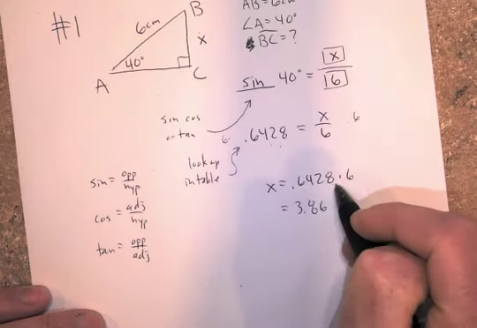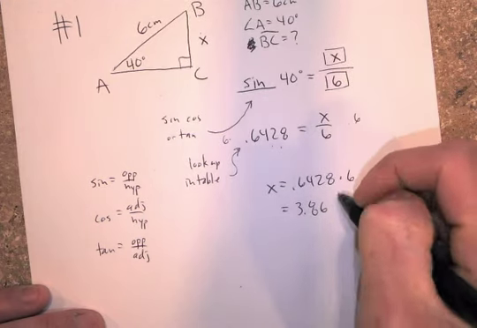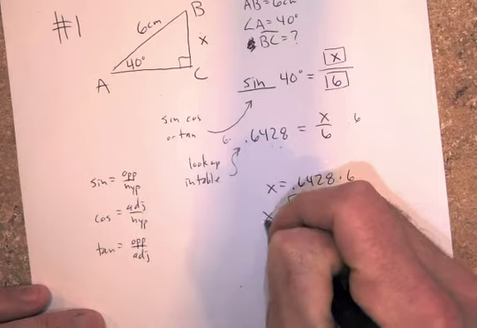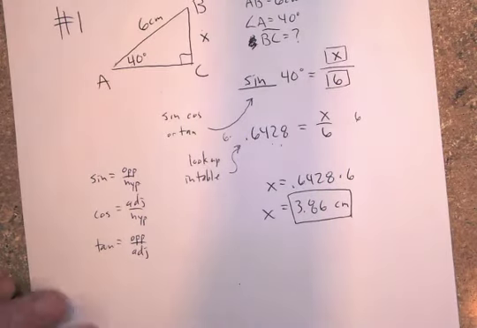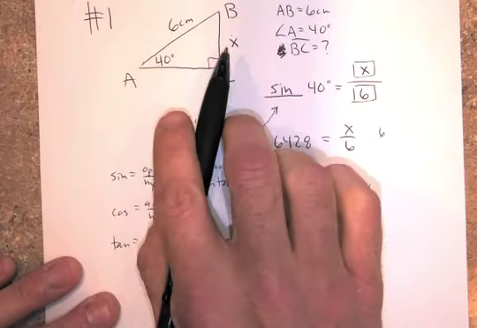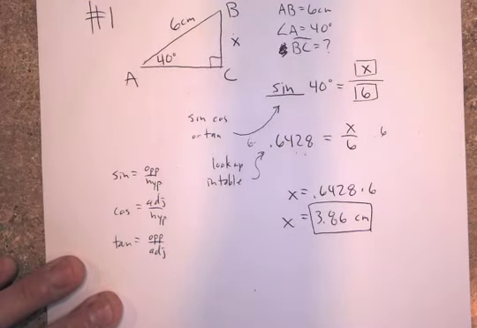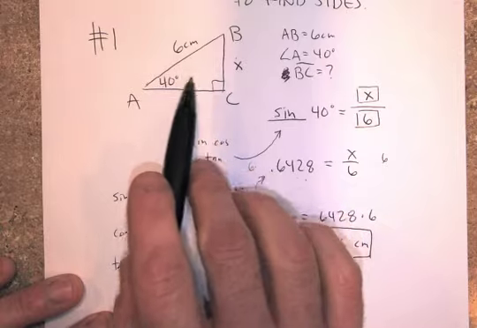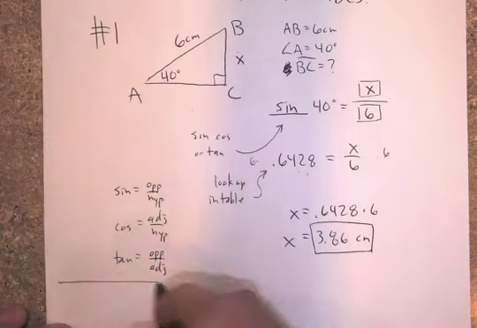I would go 4 decimal places always, but for your final answer, 2 decimal places is fine. That's x. That's how long that side is. A cool way to figure out the side. We couldn't use the Pythagorean theorem because we didn't have 2 sides to work with. It's a different way of finding the sides.